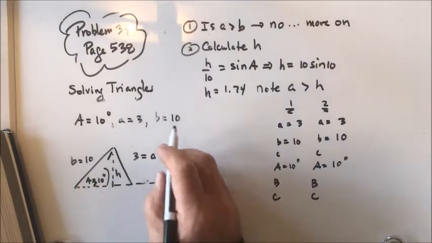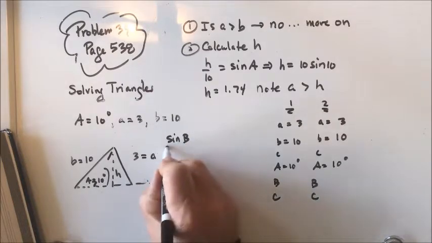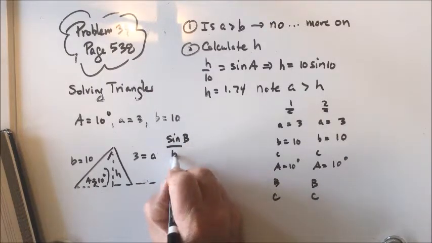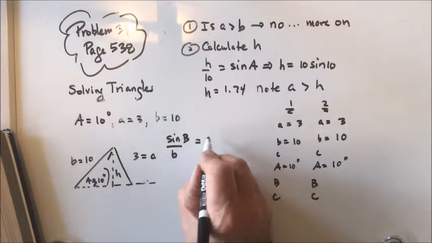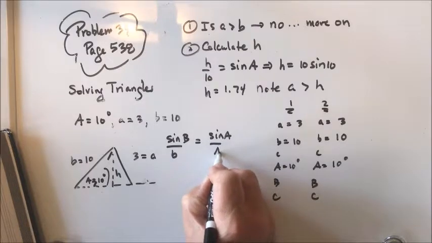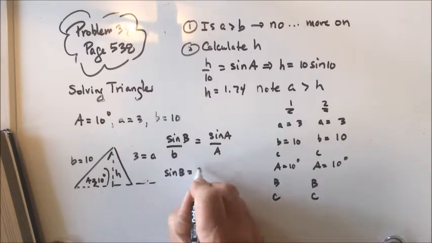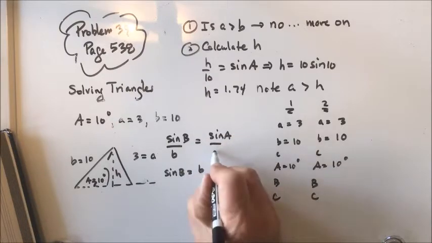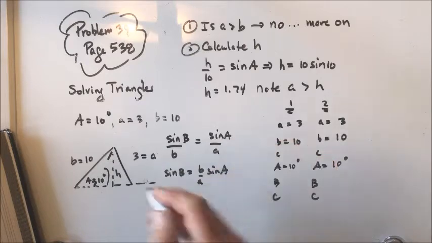So if I set up the law of sines for this angle over here, and I use the data that we have, which is sine A all over A, then I'm going to find that sine B is equal to B over A times sine A, and I can put that data in.